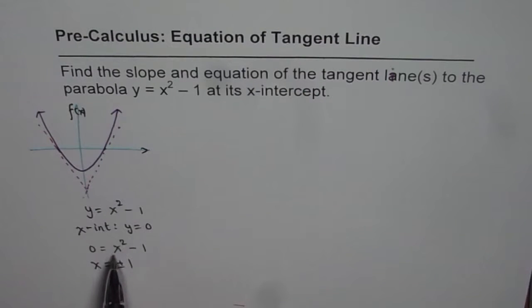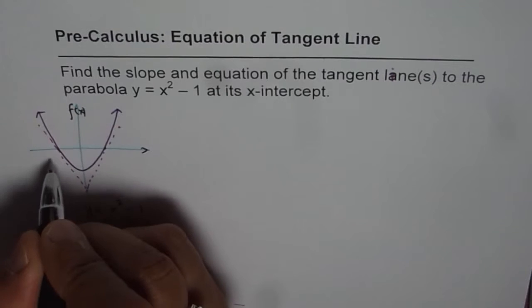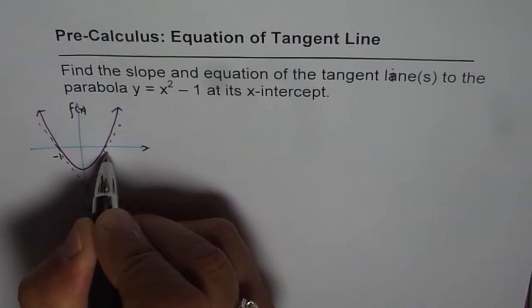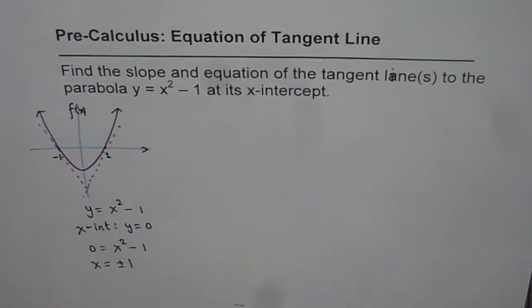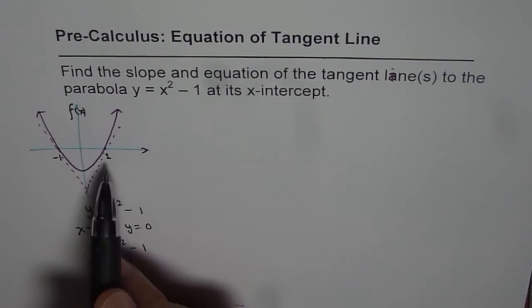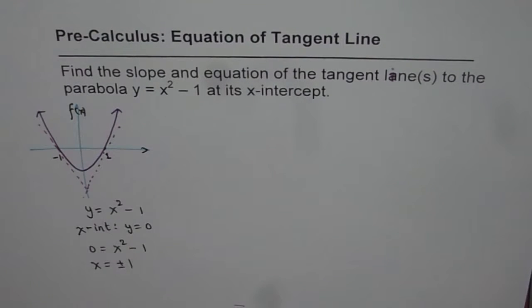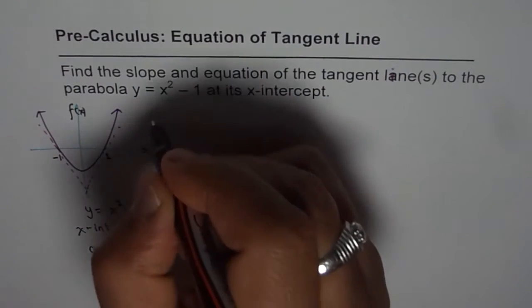So both plus and minus 1 will give you 0 for this function. So the x-intercepts are at minus 1 and plus 1, correct? So these are our points. The points are (minus 1, 0) and (1, 0). So we first find the x-intercepts. That's the first step.